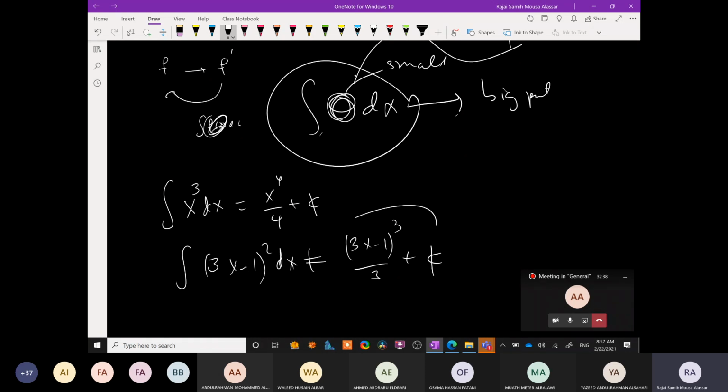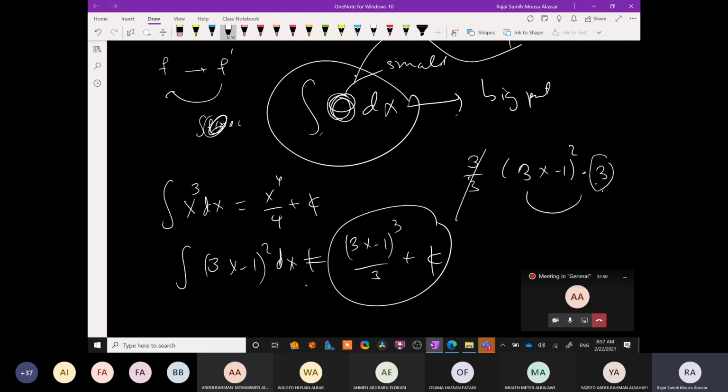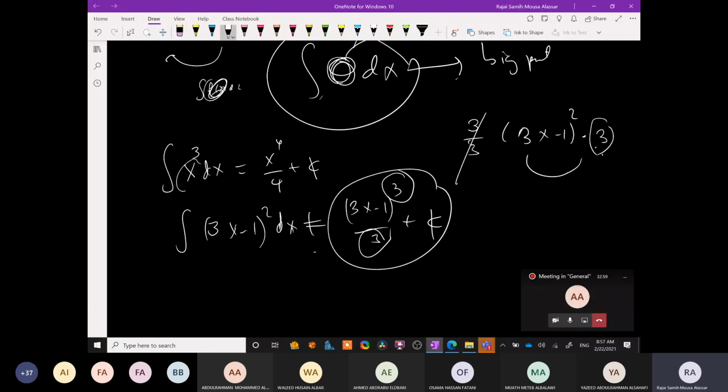The reason for that, if you differentiate that, you drop the 3, so the 3 will cancel, and you have (3x minus 1) to the power 2, multiplied by the derivative of the inside function, which is a 3 here. So there is an extra 3 here that is not accounted for. So you can't just add a 1 to the power and divide by the new power all the time. You can do that if you have a simple x here. So this becomes x to the power 4.